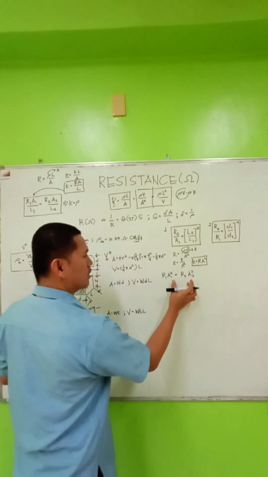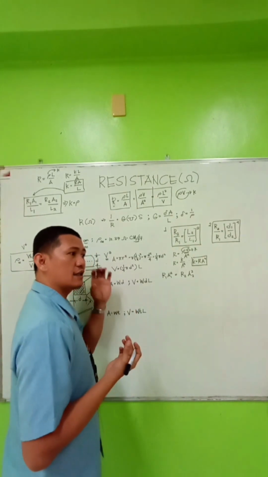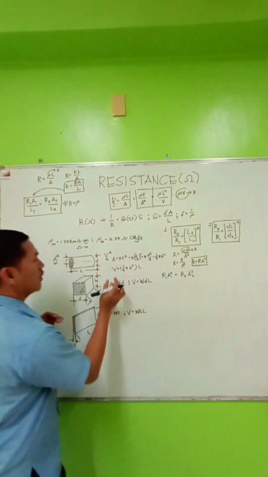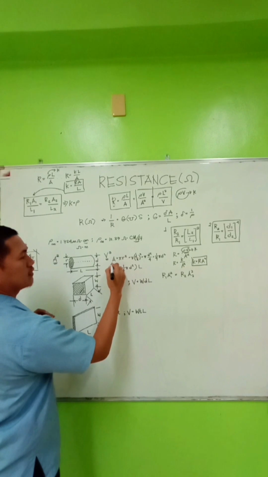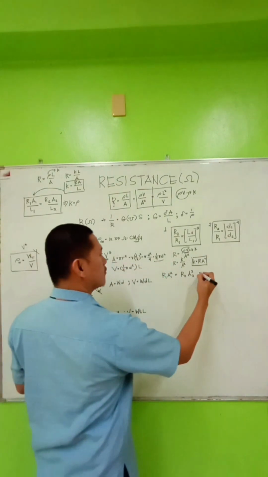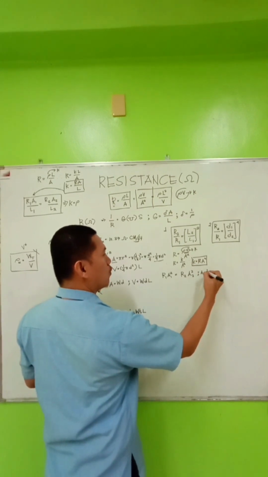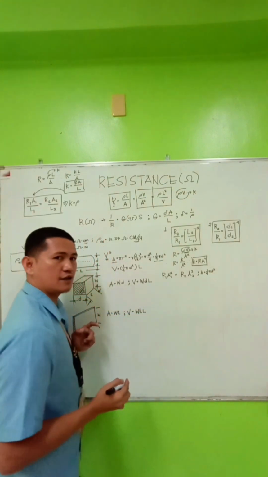But wait, a conductor under the drawing process means that the conductor is in cylindrical shape. If we recall our formula for the cross-sectional area, it is equal to 1/4 pi times the square of the diameter.